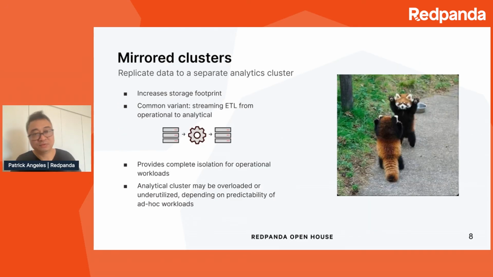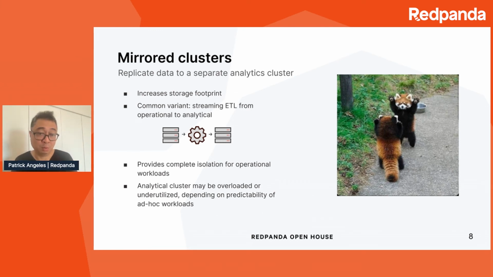And so some people move to this to go to production. A lot of people go to a mirrored cluster solution, where you have a notion of an operational Redpanda and an analytical Redpanda. What you do is replicate topics from one to the other, so they're effectively mirrors of each other.